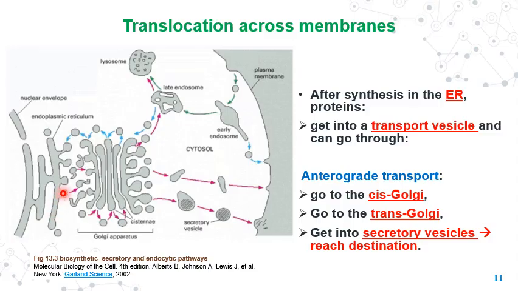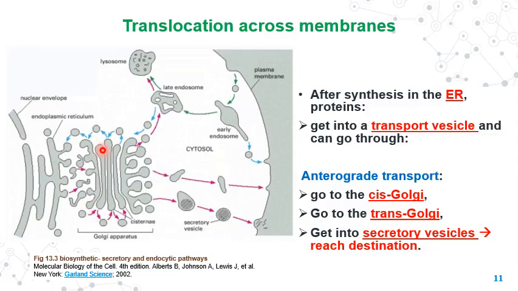So this is going to be your smooth ER, which is continuous with your rough ER. Now, out of your smooth ER, vesicles are going to be formed, and they're going to transport this protein to the Golgi for further modification. The Golgi is this blob of stuff that is membrane enclosed, and it has several stages of Golgi processing.